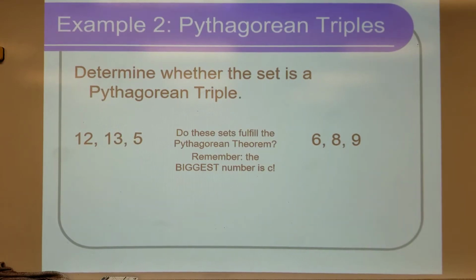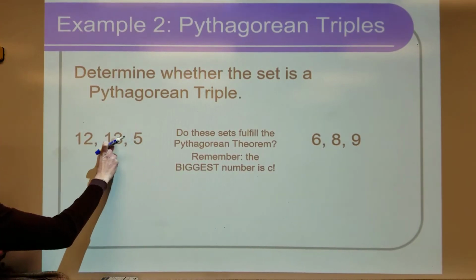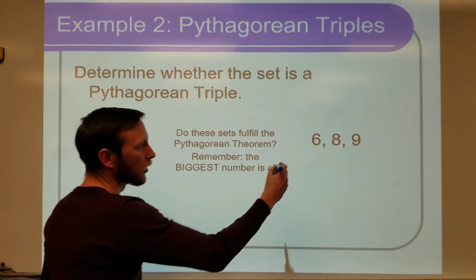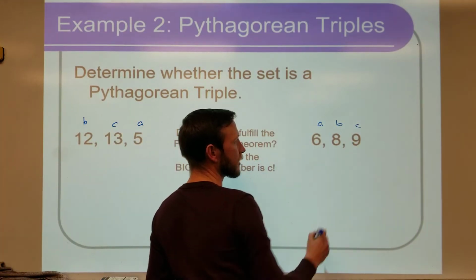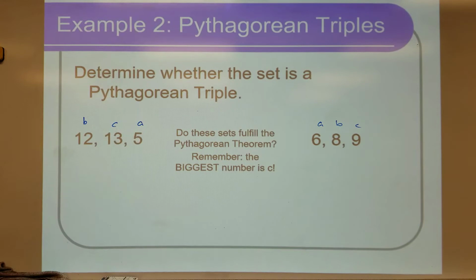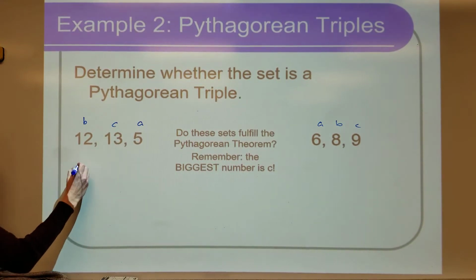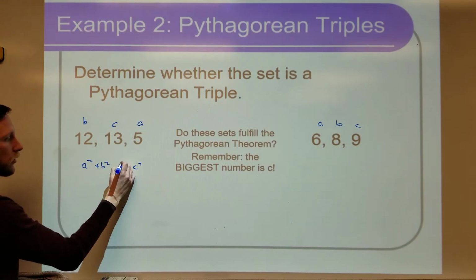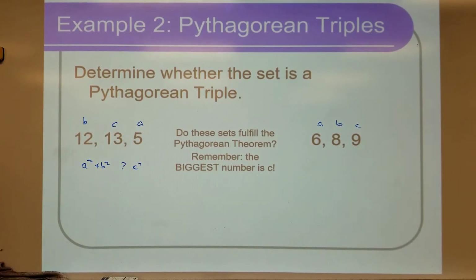So basically, are these sets of numbers a Pythagorean triple? The largest number is always going to be your c value. So I usually go a, b, and c. And the question here is, if we're finding out whether these are a Pythagorean triple, does a squared plus b squared equal c squared? What is that relationship? What does that look like?